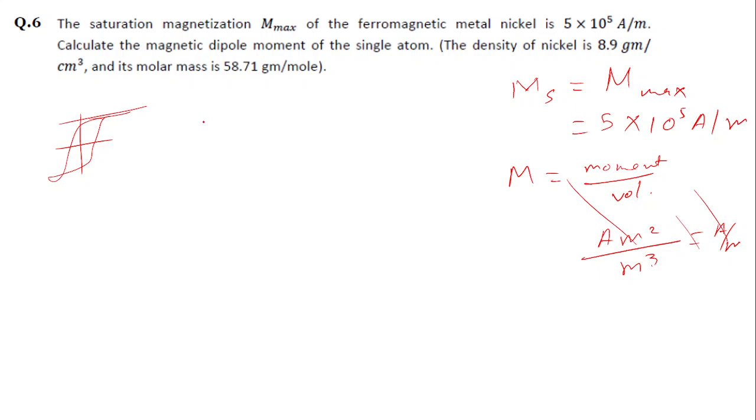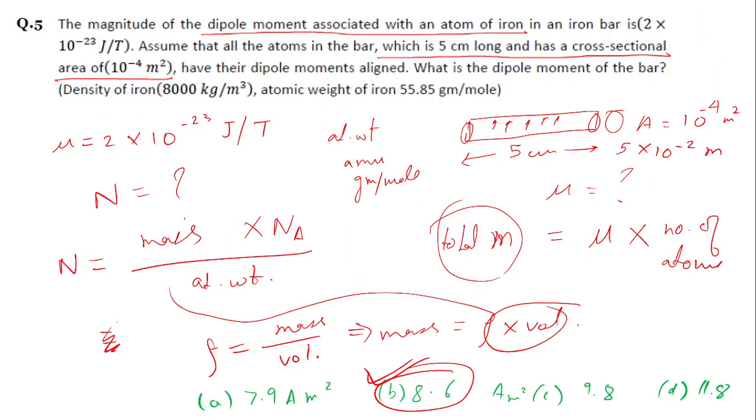Calculate the magnetic dipole moment of a single atom. This is the magnetization. Now we need to know the magnetic moment of a single atom. Last time we were given the magnetic moment of a single atom, and then we had to find out for the whole material.